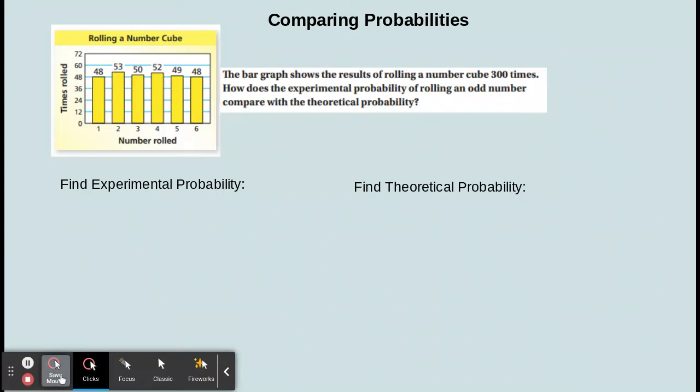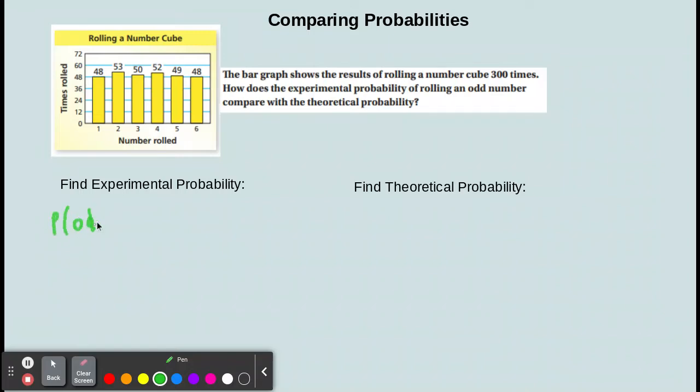To find our experimental probability, we're going to find the probability of rolling an odd number. We need the number of times we rolled an odd number, which was 1, 3, and 5.